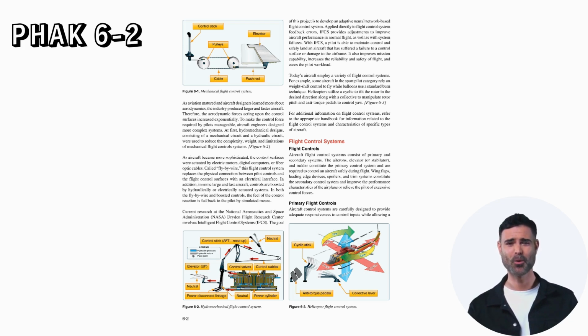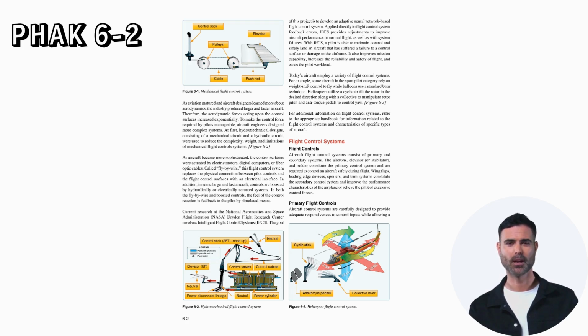In both the fly-by-wire and boosted controls, the feel of the control reaction is fed back to the pilot by simulated means. Current research at the National Aeronautics and Space Administration (NASA) Dryden Flight Research Center involves Intelligent Flight Control Systems, IFCS. The goal of this project is to develop an adaptive neural network-based flight control system.